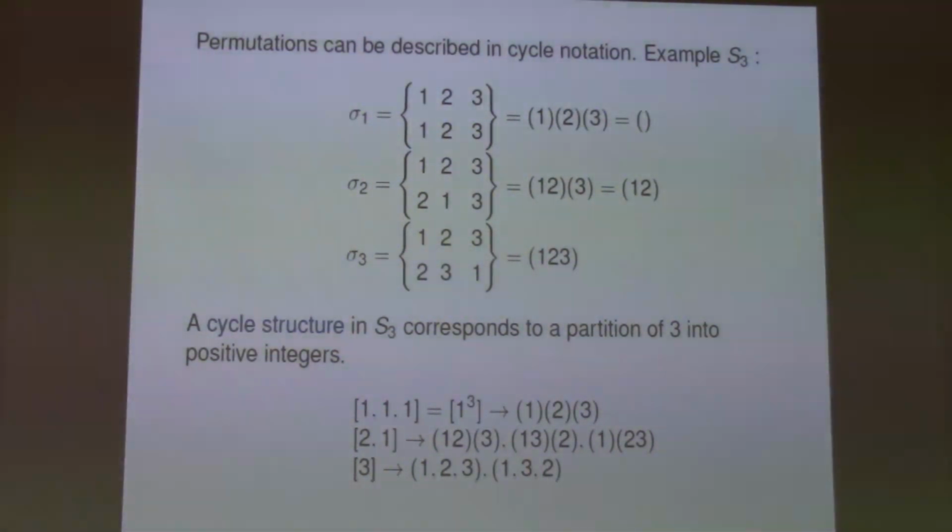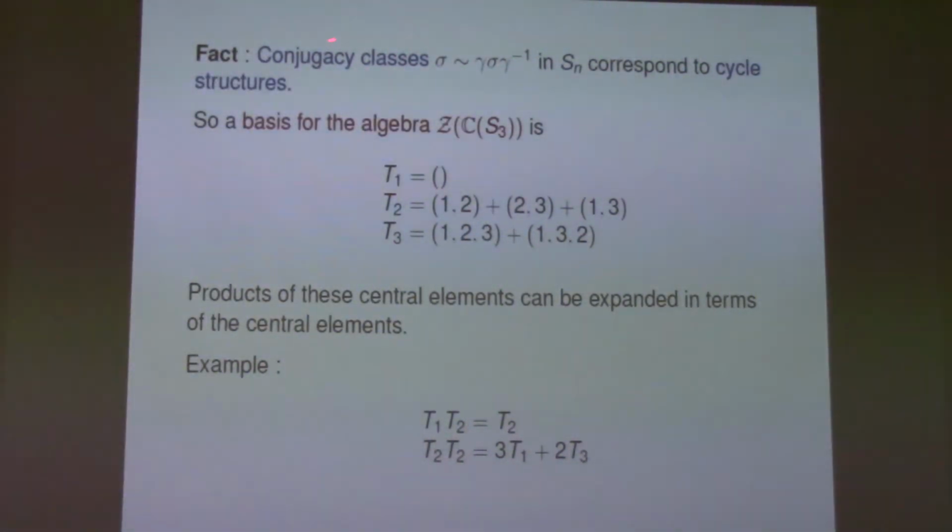Now, for each partition of 3, each way of splitting it into positive integers, there is a cycle structure. And the importance of these cycle structures is that conjugacy classes are directly related to cycle structures.